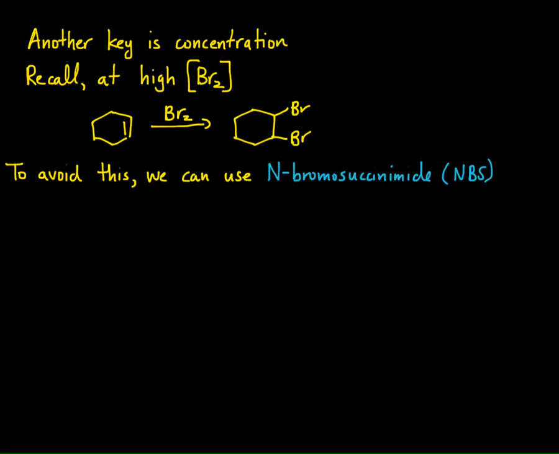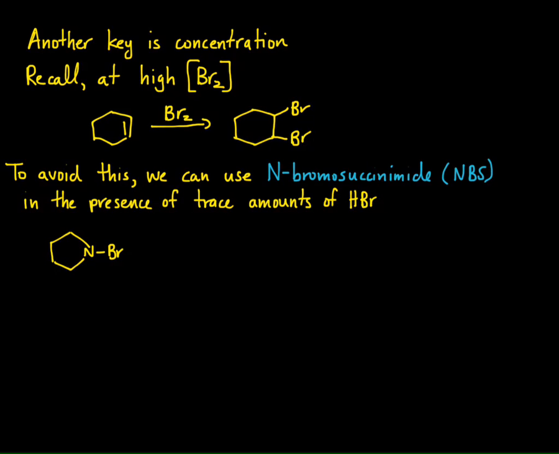Well, we use a reagent called N-bromosuccinimide, or we can abbreviate that NBS, in the presence of trace amounts of HBr, and this provides very low concentrations of bromine. And the way that it does this, and this is the structure of NBS, right? So succinimide is simply this structure without the bromine, so a hydrogen is in its place.